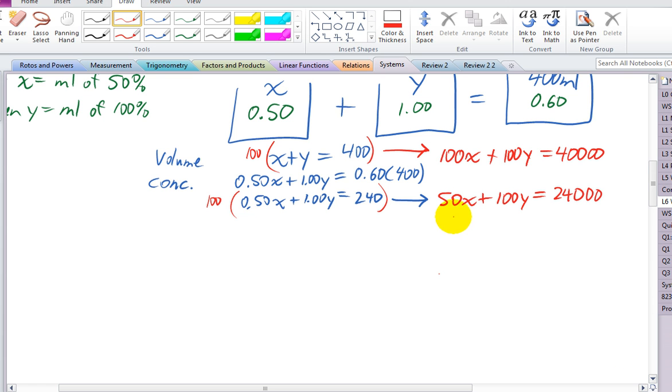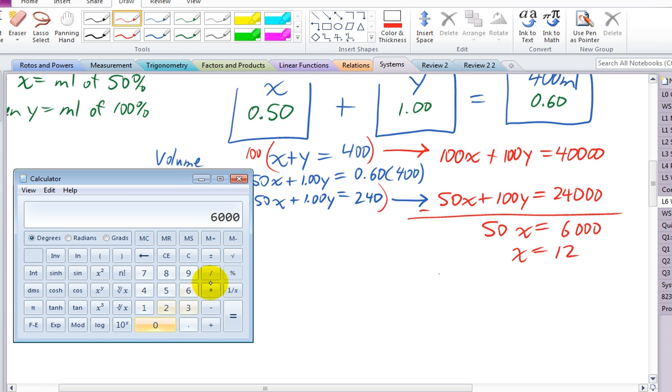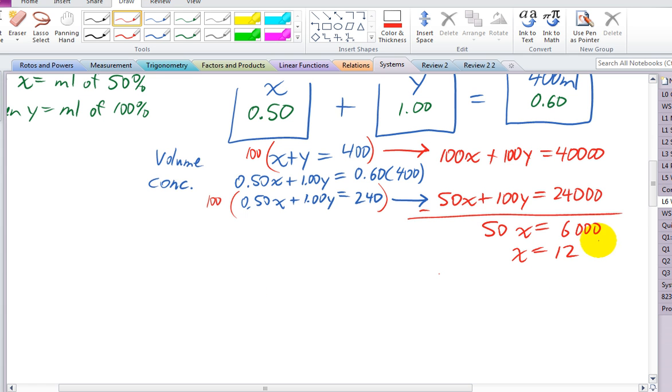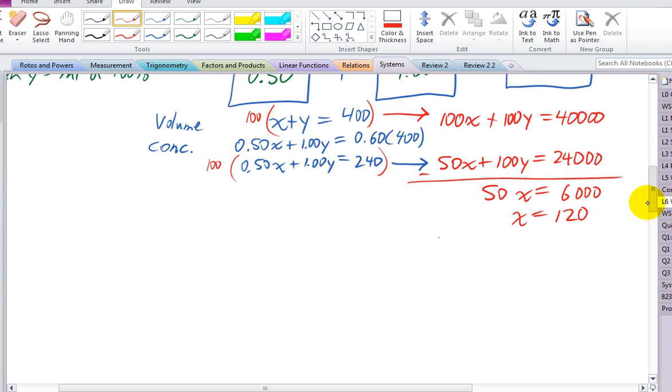Finish it. So x equals 120. And then I'm going to use the original equation, x plus y equals 400, and substitute it in.